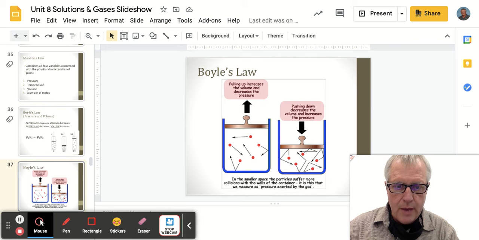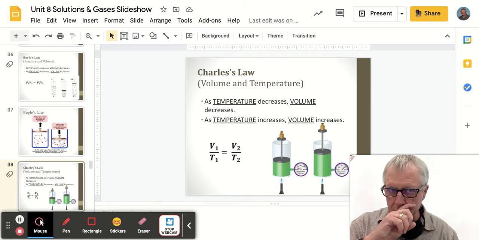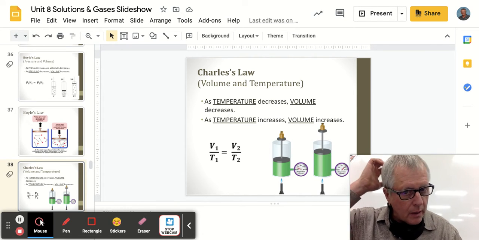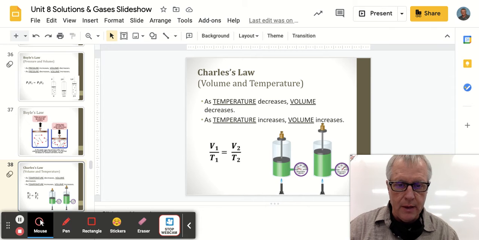Here's a diagram for that. Put pressure on something, and volume decreases. Now here's Charles' law, which is the opposite of that. They're directly proportional. If you had a gas in a container that allowed the gas to expand and you increased the temperature, you would expect that gas to expand. We've probably all experienced that in some way. If you increase temperature, the volume would increase, or vice versa.